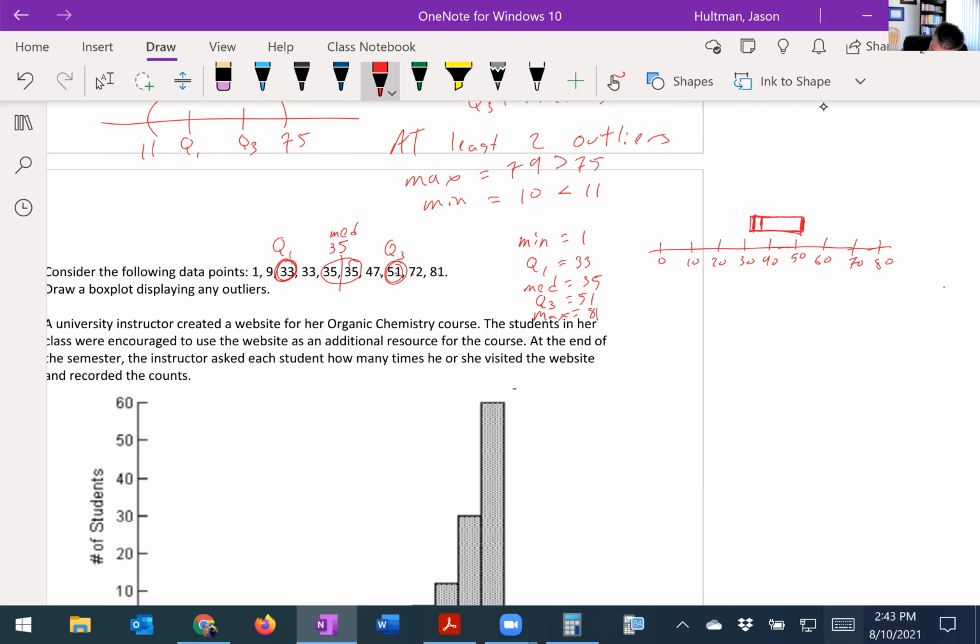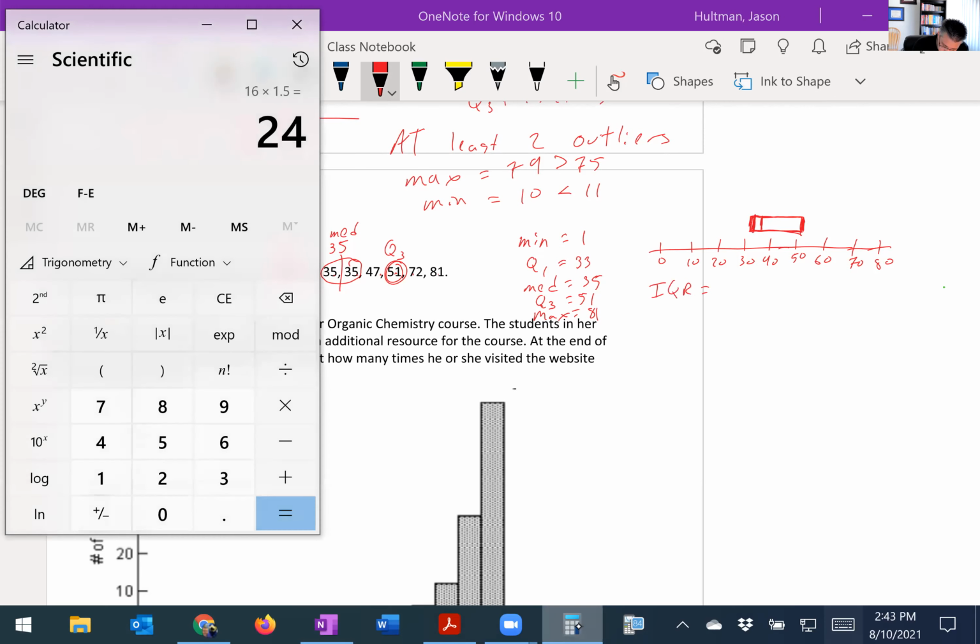So we have this as our box. But I don't know how far up my whiskers go yet until I calculate my fences. So let's find out what our IQR is. Our IQR is 51 minus 33, which is 18.